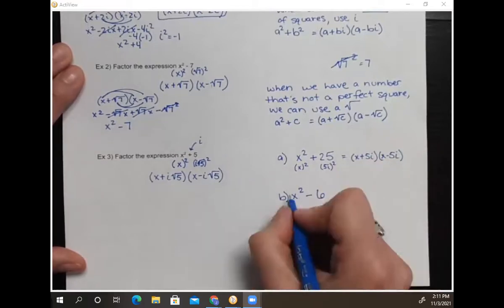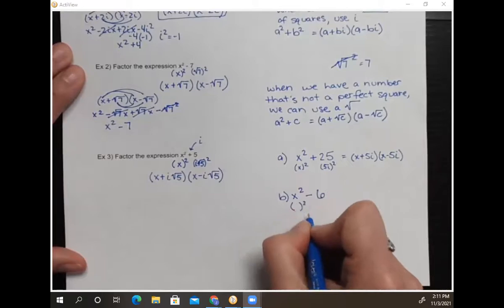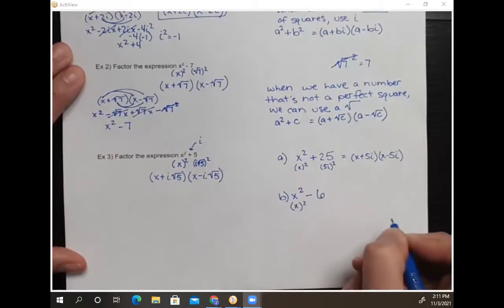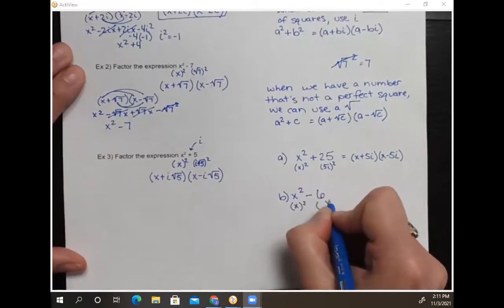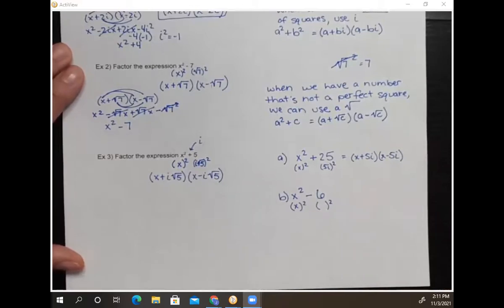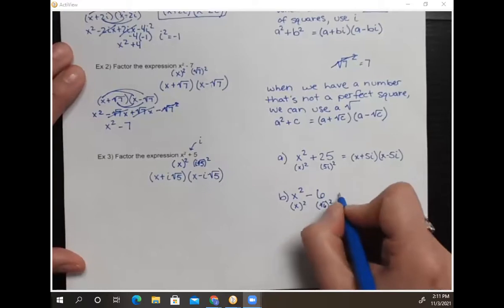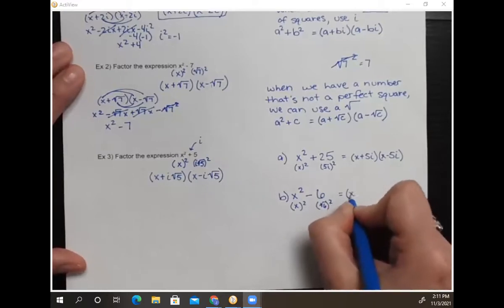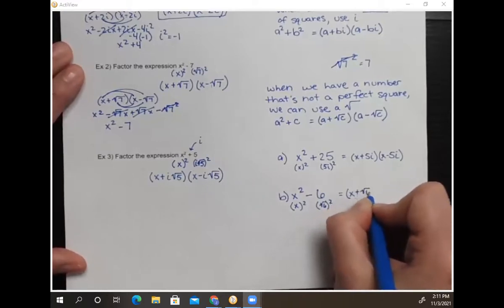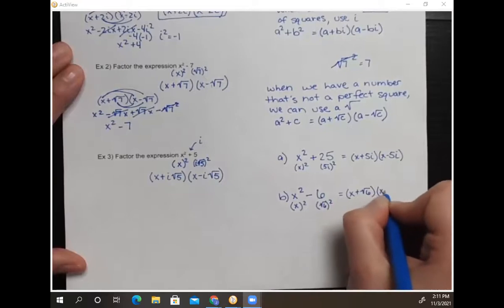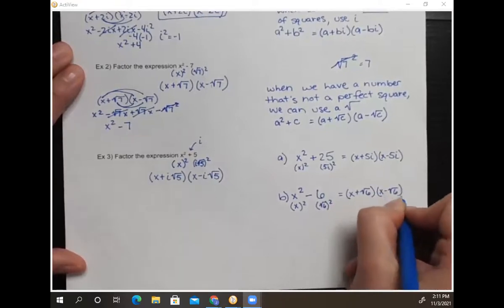And then for part B, what would I square to get x squared? X. What would I square to get 6? Well, 6 is not a perfect square, so we'll use its square root. So our factored form would be x plus root 6 times x minus root 6.